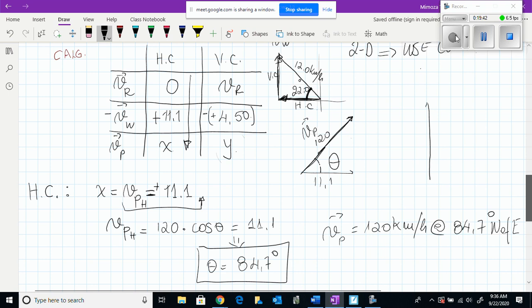If the resultant is going straight up, and we were going to add the velocity of the wind, it would be something like this, because it's north of west. But since we are doing the negative velocity of the wind, it will be not this one, but the opposite of it. So this is the negative velocity of the wind. And the resultant velocity will be the vector that connects the starting point with the end point.